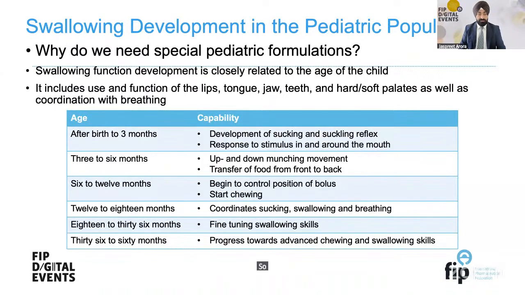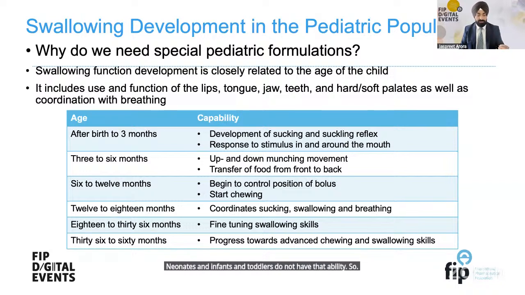So one of the big things I was talking about, which is pertinent to pediatric formulations, is swallowing. As you can see in this table, it takes about 2 to 3 years for children to be able to swallow. Neonates and infants and toddlers do not have that ability.